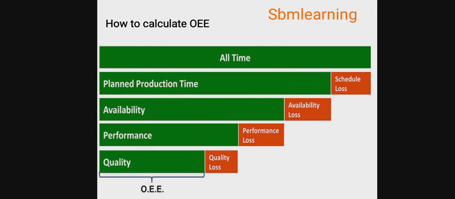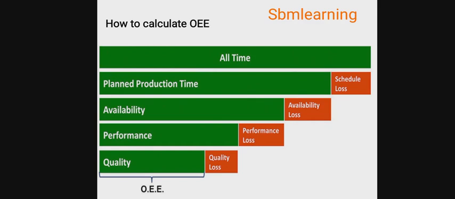Again I am saying, 1 unit per hour, 20 hours run time, so total output should be 20, but I got only 18 due to minor stoppages or speed loss. So 18 divided by 20 will be my performance rate.